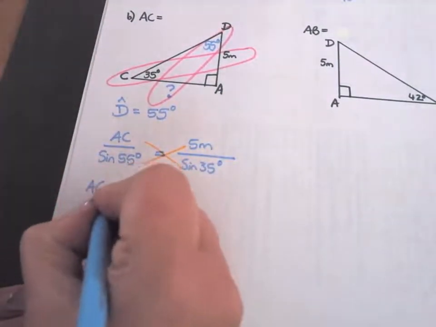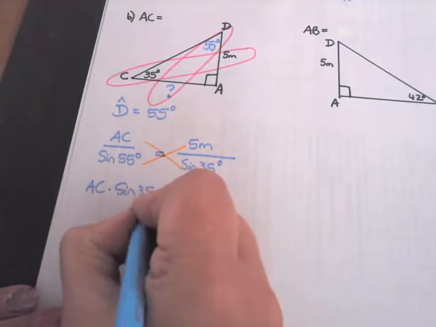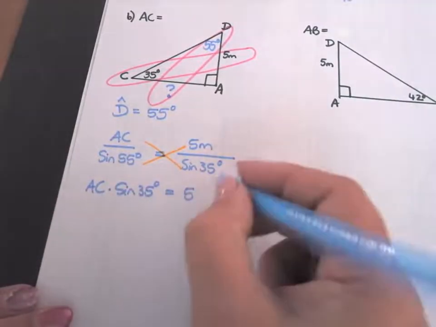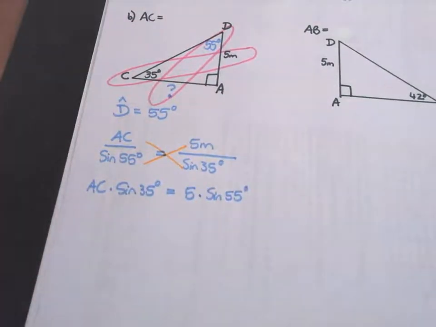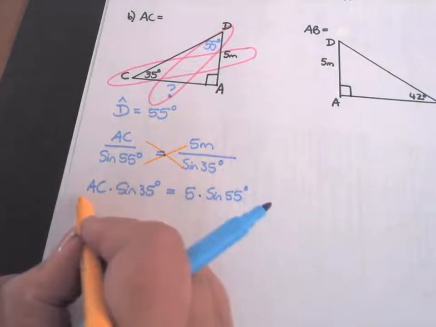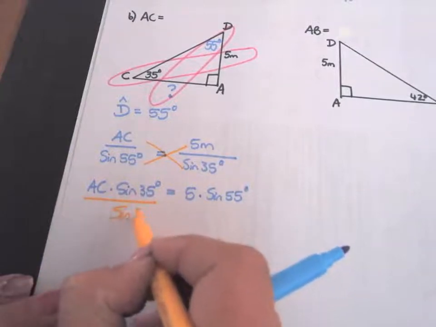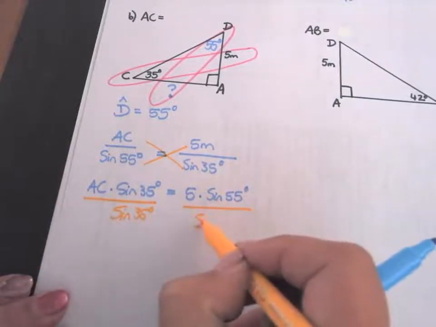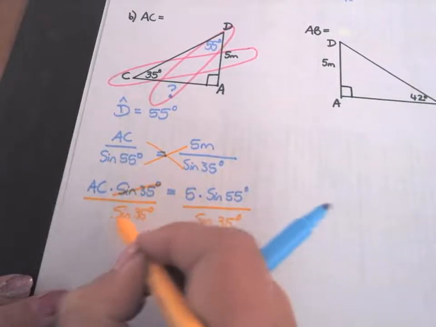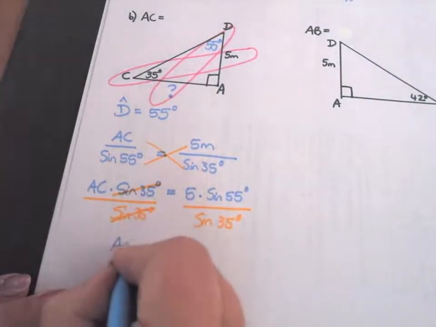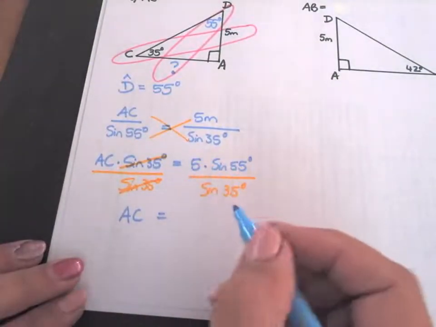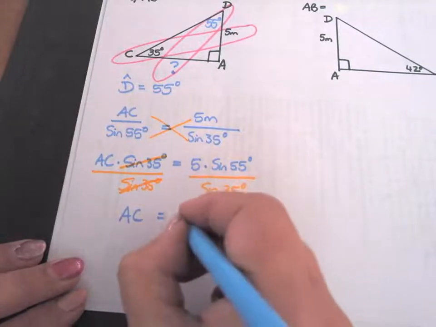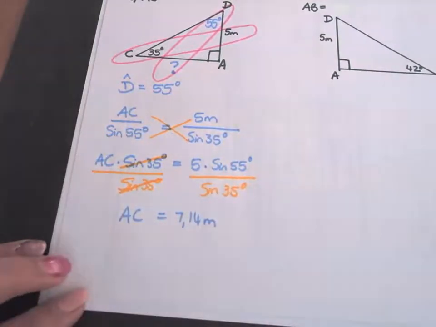So AC times sine 35 equals 5 times sine 55. But I want AC, so I need to get rid of this sine 35. I divide by sine 35, divide by sine 35. These cancel out, and AC equals, now you just type that into your calculator, and you will get 7,14 meters.